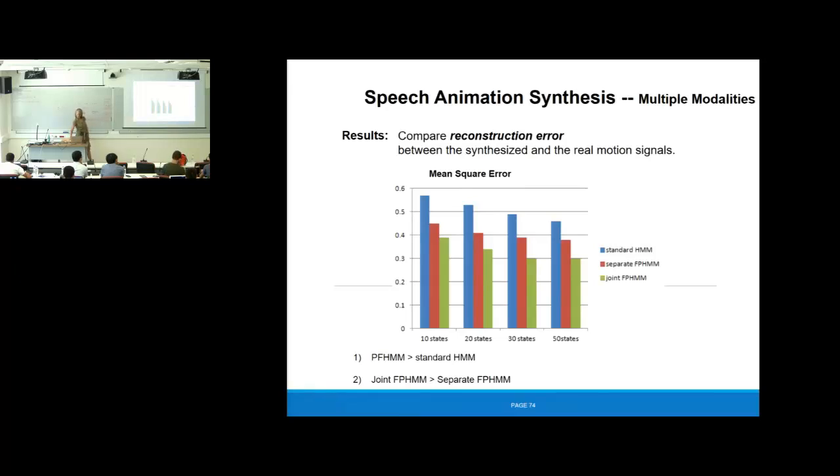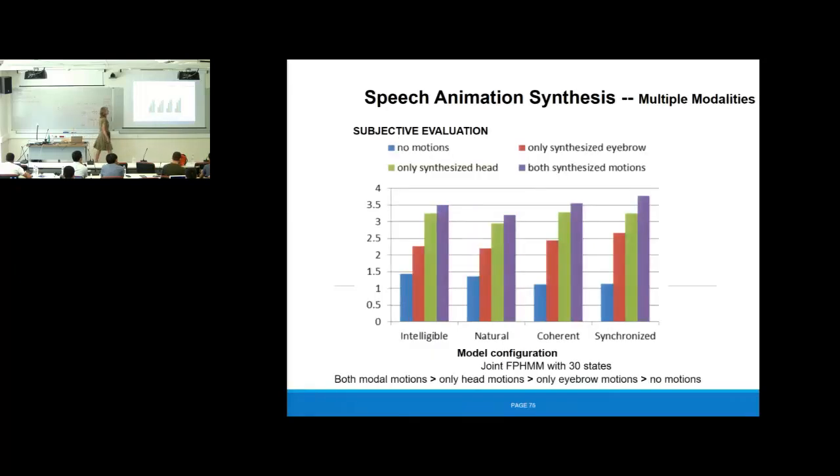error rate. For the perceptual studies, we conducted two different conditions where we asked participants to evaluate the animations along 4 different criteria: intelligibility, naturalness, coherency, and synchronization. And we had no motion in blue, only synthesized head, only eyebrows, and both.